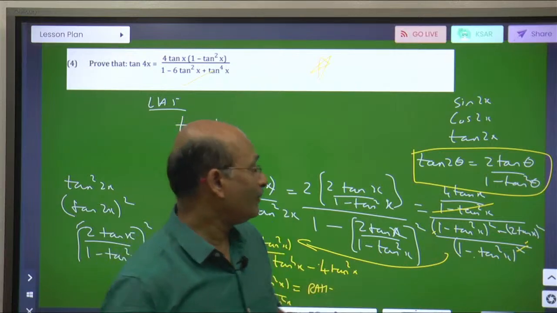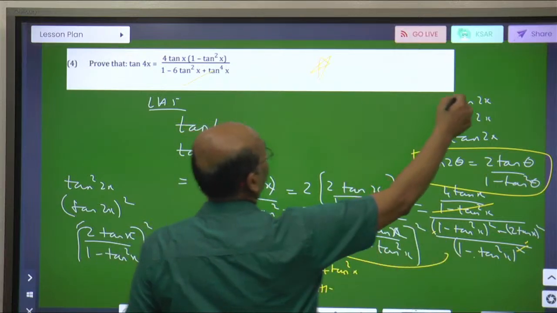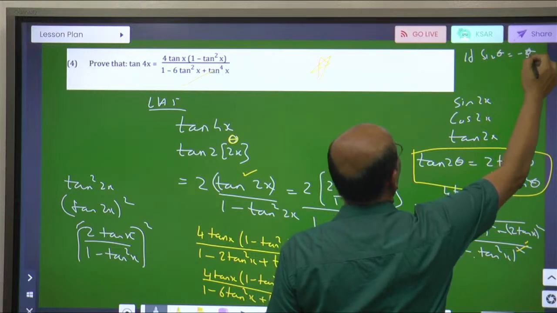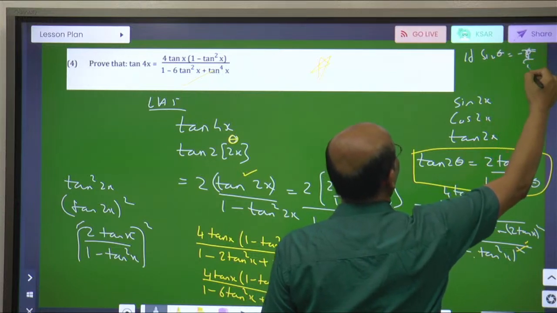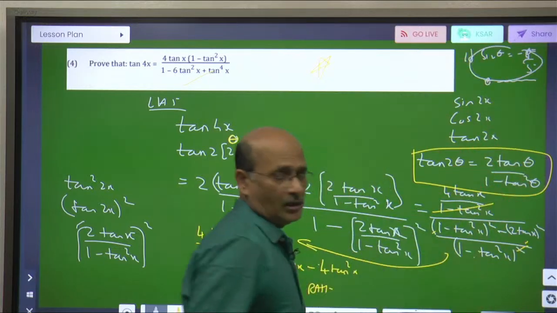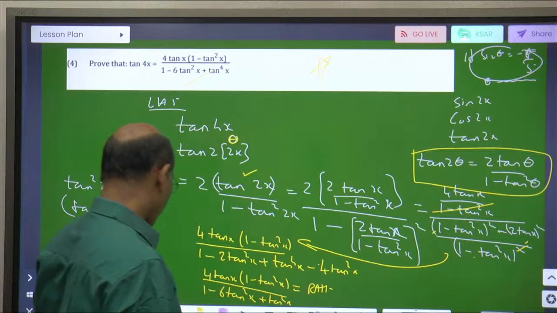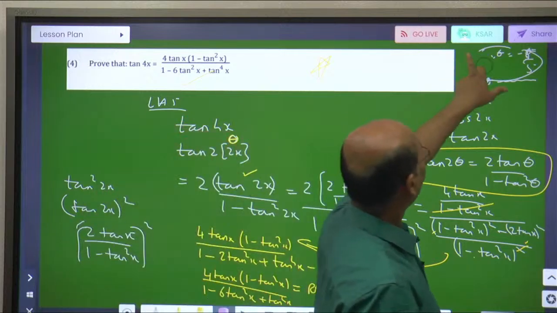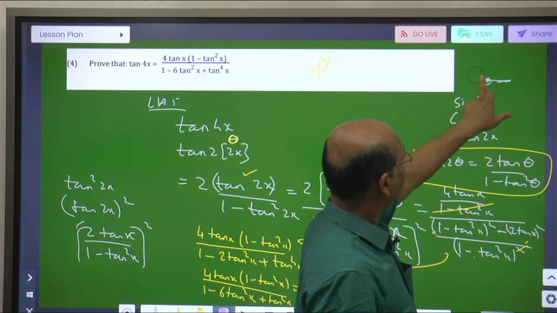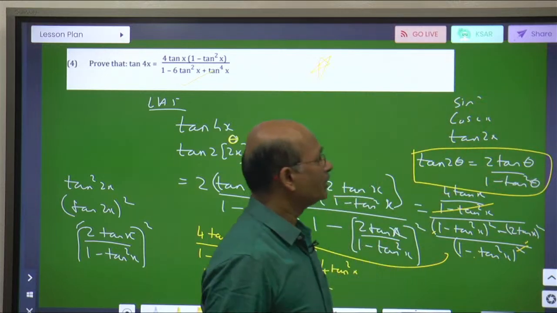The conditional sum: if sin θ is equal to, say, 3/5 and θ lies in some quadrant, how will you do the question? Draw a right angle triangle and then solve. Keep that in mind. I hope you got this point clear.